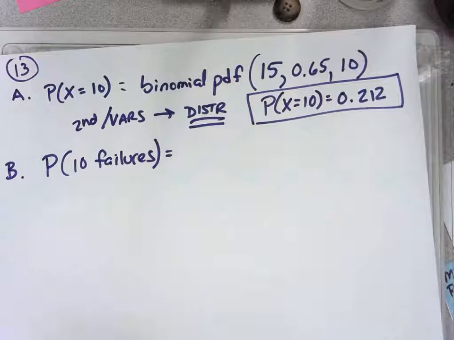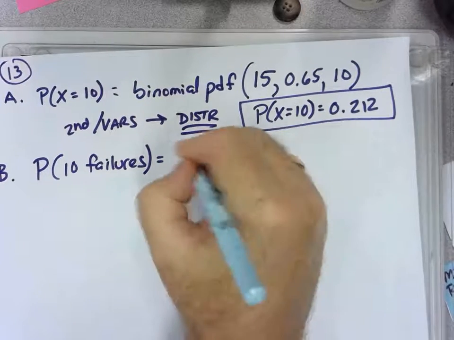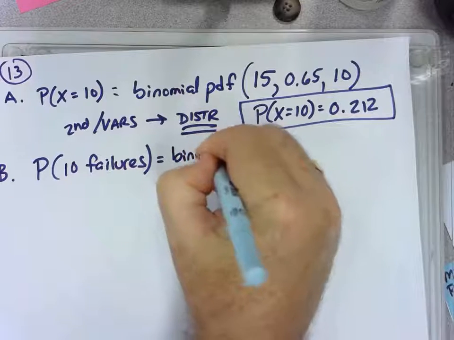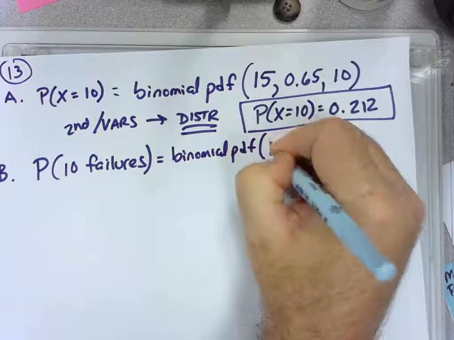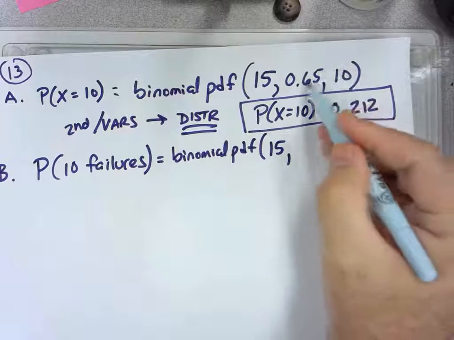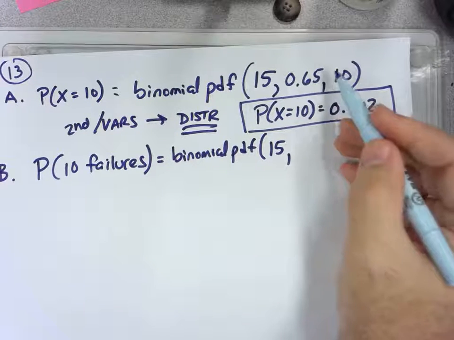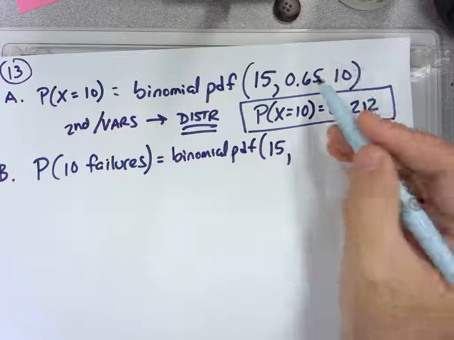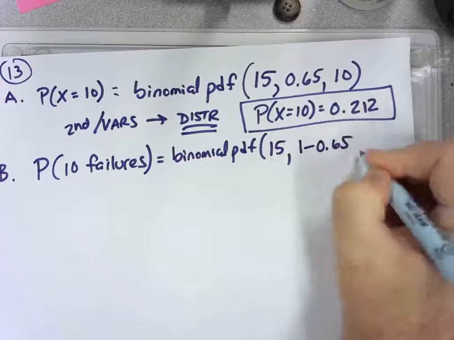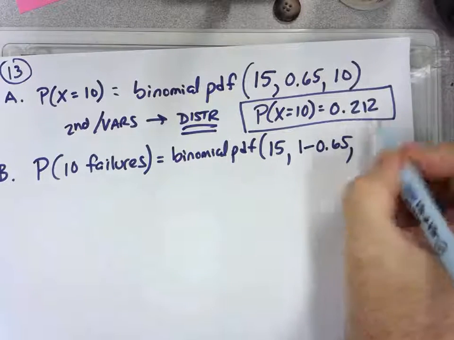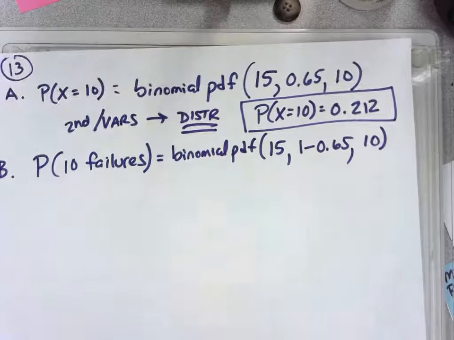So it's the same thing, binomial PDF, 15 trials, but instead of 0.65, which is my probability of success, I'll look at the probability of failure, which is 1 minus 0.65. And I'm still looking at 10 because I want 10 failures.